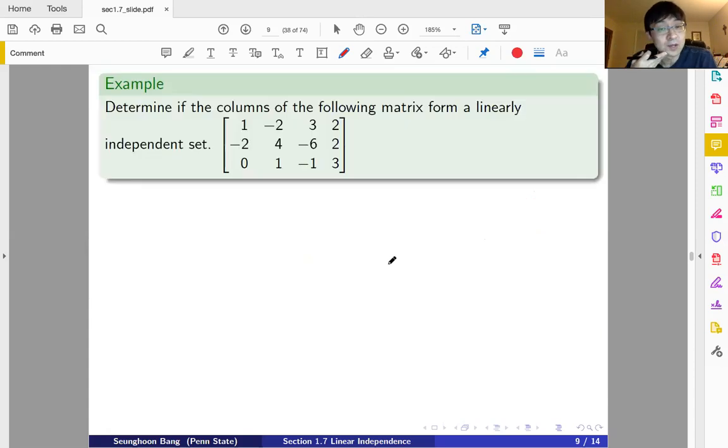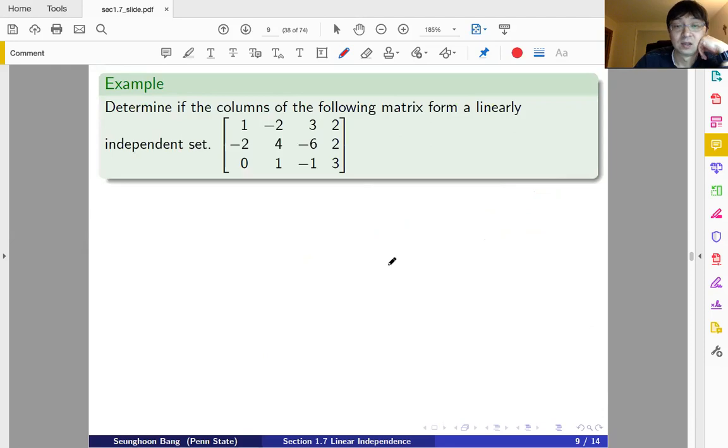Here, determine if the columns of the following matrix form a linearly independent set or not. So how can someone check these kinds of things? Like the same: do we have a free variable or not?